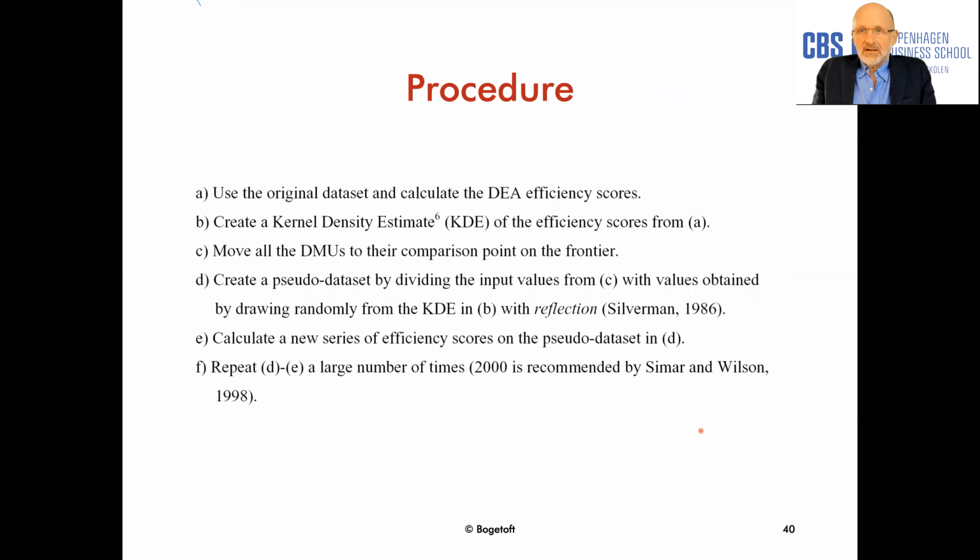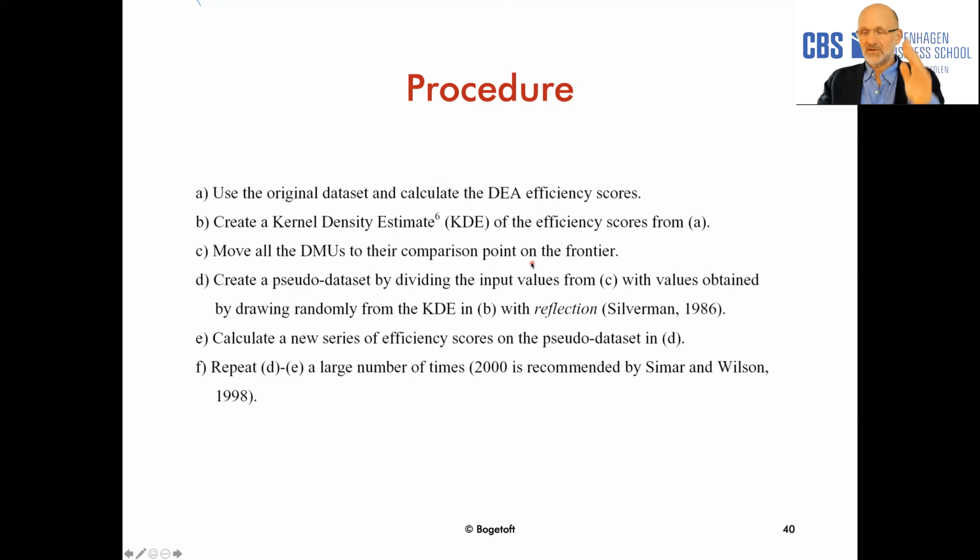So in a few steps, you can say that their procedure is as follows. You use the original data set, and then you calculate DEA efficiency scores. Then you create a kernel density estimator of the efficiency scores. So that's the one you're going to do some draws from. And then you move all the DMUs to the comparative point on the frontier.